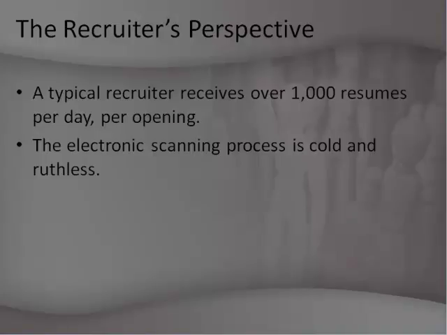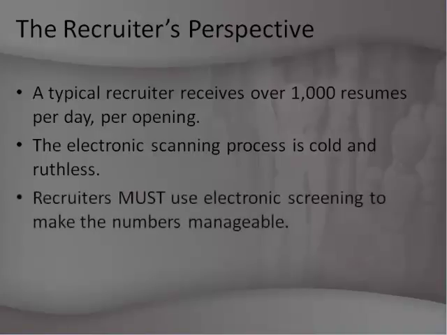Because of the volume here, they're basically forced into electronic screening like this just to make that incredible amount of resumes manageable. What that means is that undoubtedly there will be people who are highly qualified for a specific job, but they will get totally passed over because their resume was not optimized and laid out for this high-tech electronic scanning process.